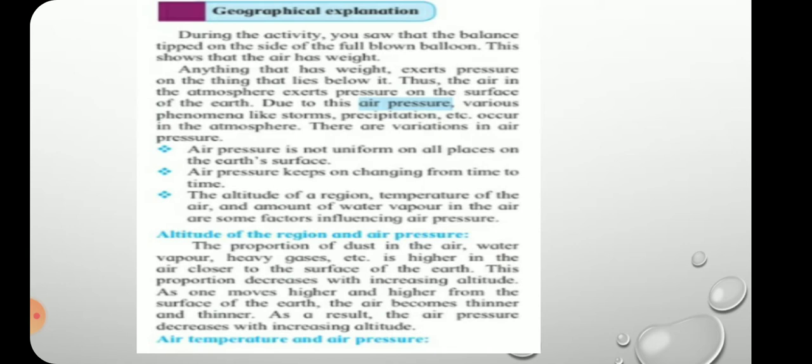The proportion of dust in the air, water vapor, heavy gases, etc. is higher in the air closer to the surface of the earth. This proportion decreases with increasing altitude.